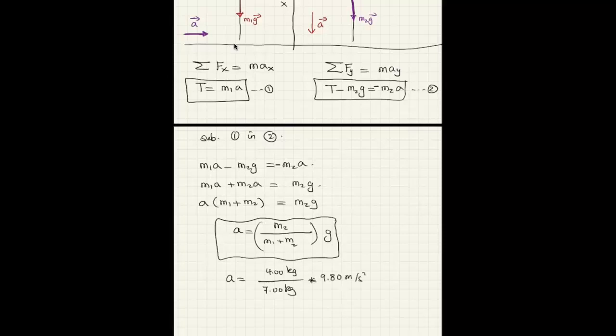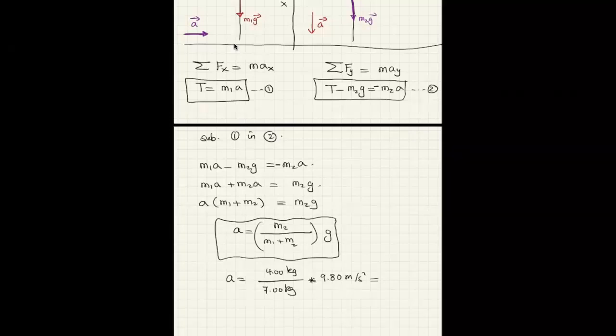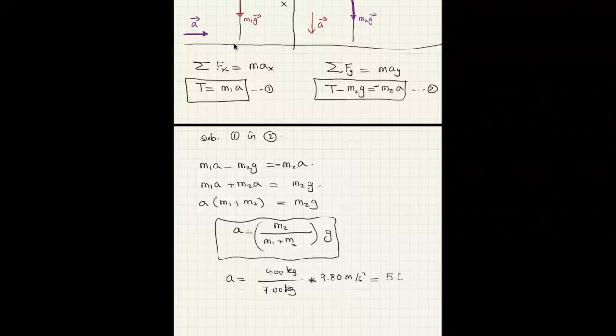This is going to be my acceleration. It's going to be 4 divided by 7 times 9.8. And that is going to be 5.6 meters per second squared.